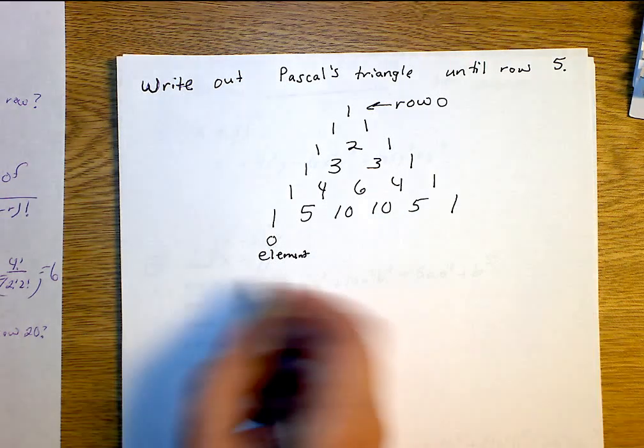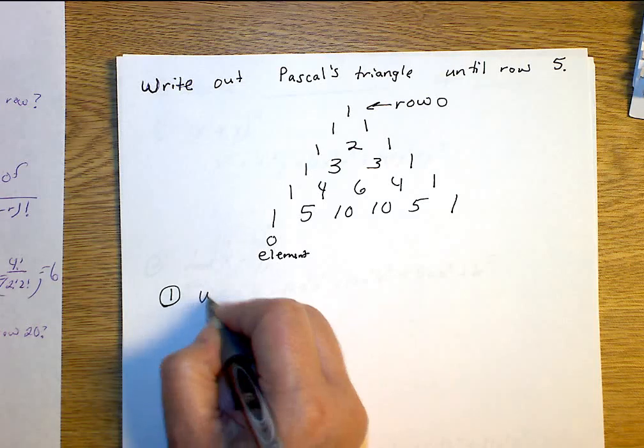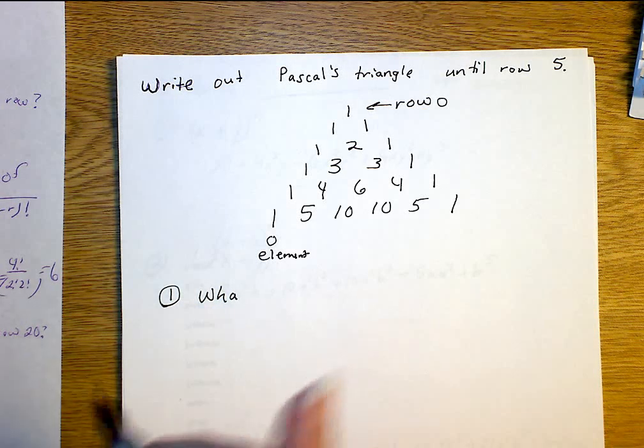So if I were to ask you the question, what is the second element in the fourth row?